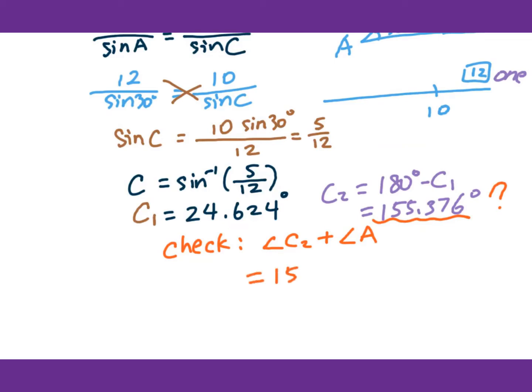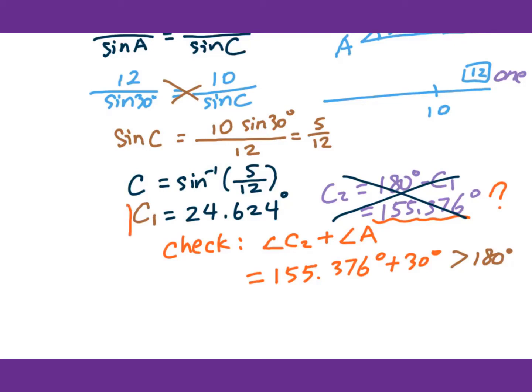So we plug in 155.376 degrees, add 30 degrees. You know this is greater than 180, which means c2 and angle A cannot form a triangle. Therefore, this is gone. We only have one solution.